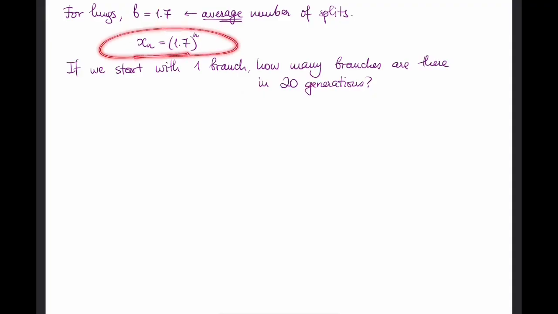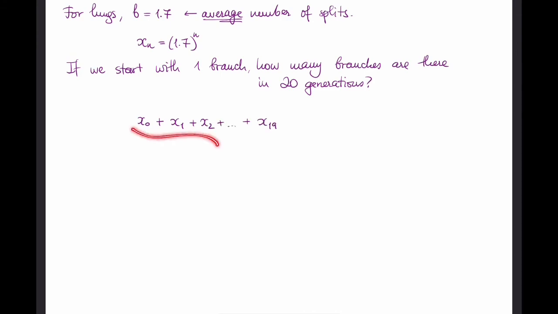Well, first of all, this is our general formula. The first real generation is what we call generation 0. So the number of branches there was x naught. Generation 1 had x1 branches, generation 2 had x2, all the way up to x19 for the total number of generations of 20. What do we have in our case if we substitute our formula?